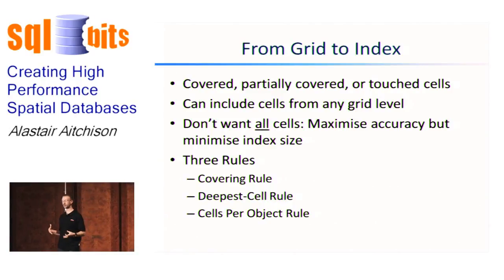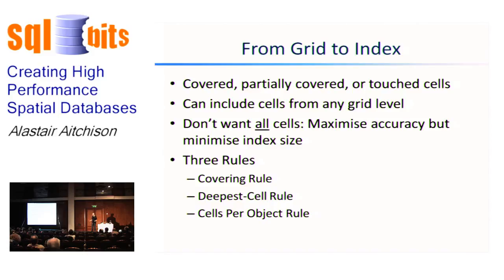So there's 3 rules which SQL Server applies, and these rules are all intended to get the grid cells which will help describe the approximate shape of each of these objects with the maximum amount of accuracy, but requiring the least number of cells to do so. And they're called the covering rule, the deepest cell rule, and the cells per object rule. Let's have a look at each one in turn.